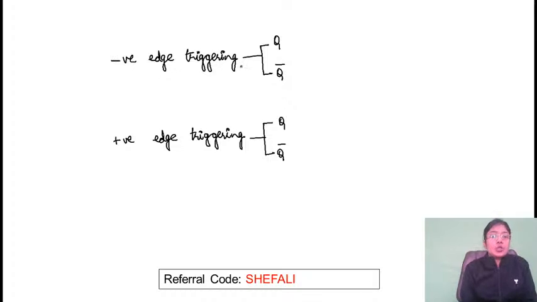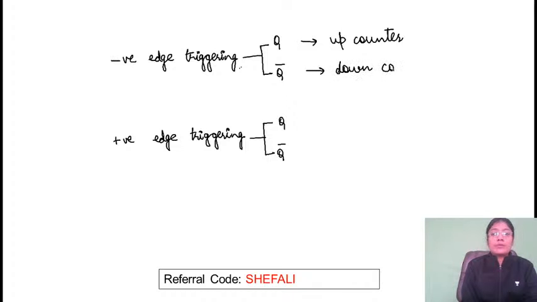If negative edge triggering is there and it is connected with the positive output, then always it will give you the up counter. If it is connected with the complemented output, this will give you the down counter. Like in previous case, we have considered the negative edge triggering and the clock was connected with the uncomplemented output.